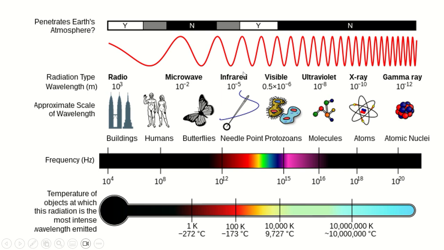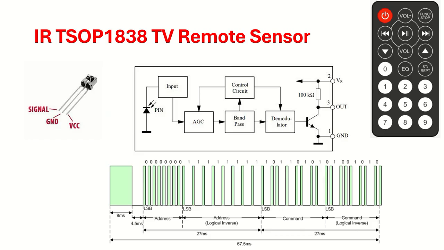Finally, the wavelength, frequency and amplitude represent some physical phenomena, and in our application the infrared sensor looks like this, the TSOP1838, mainly used for TV remotes, right?